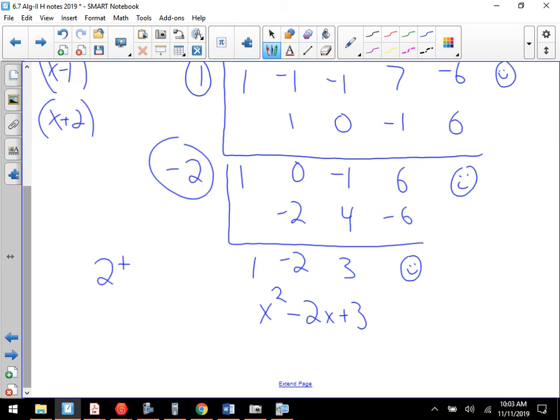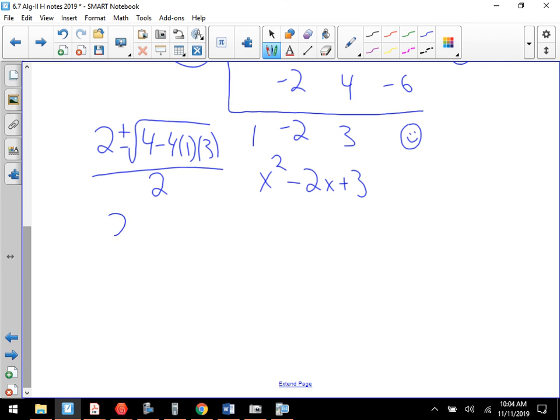Opposite of b plus or minus square root b squared minus 4 times a c all over 2a. 4 minus 12 is negative 8. What's the square root of negative 8? 2i root 2. Remember the i goes after.